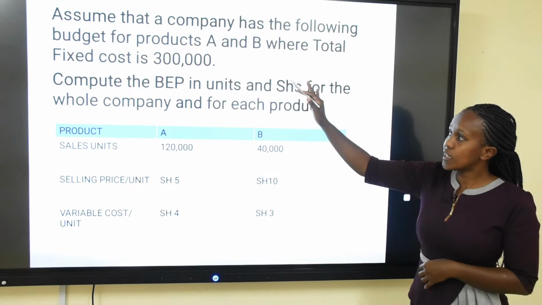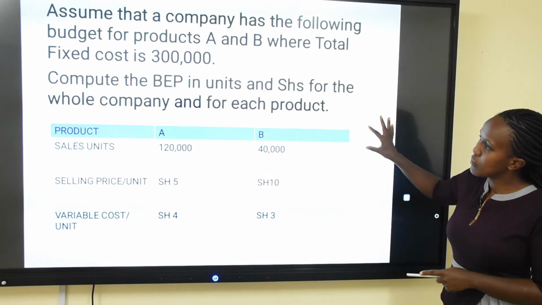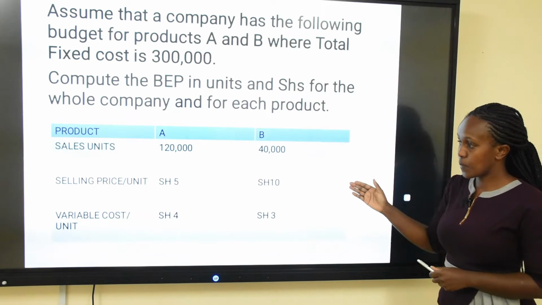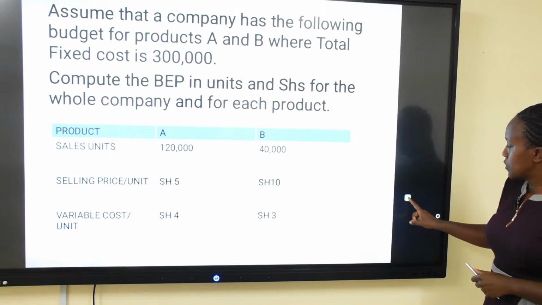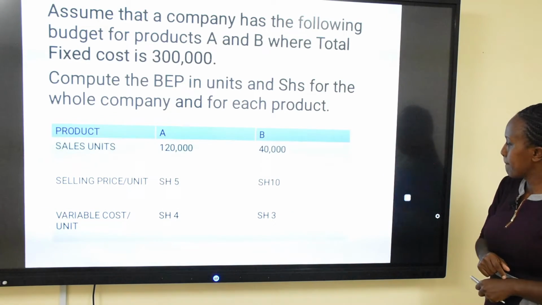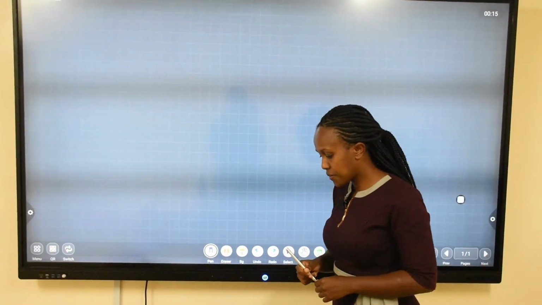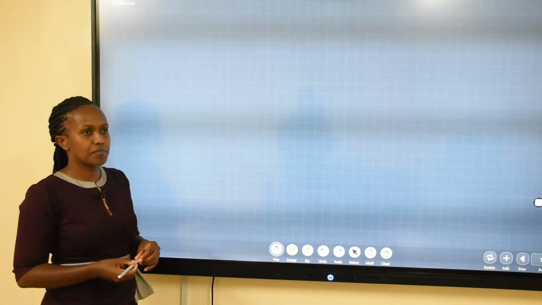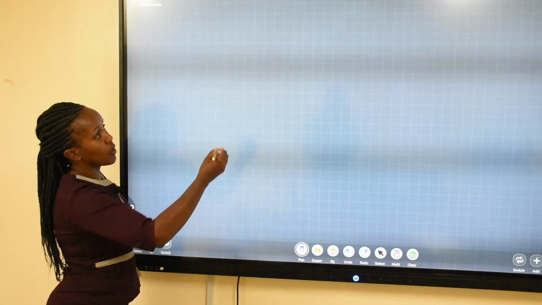So I'd advise you take note of the question so that we can now proceed and get an answer. For us to be able to get the break-even, I would first of all simply focus on writing the key points from our question.